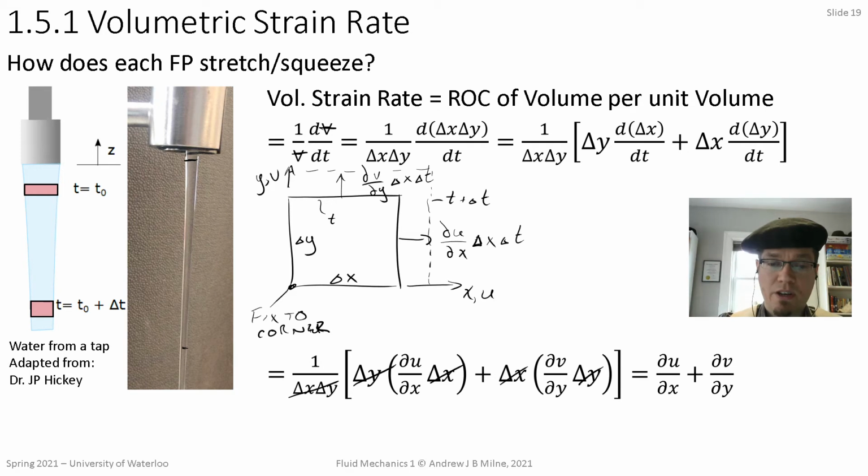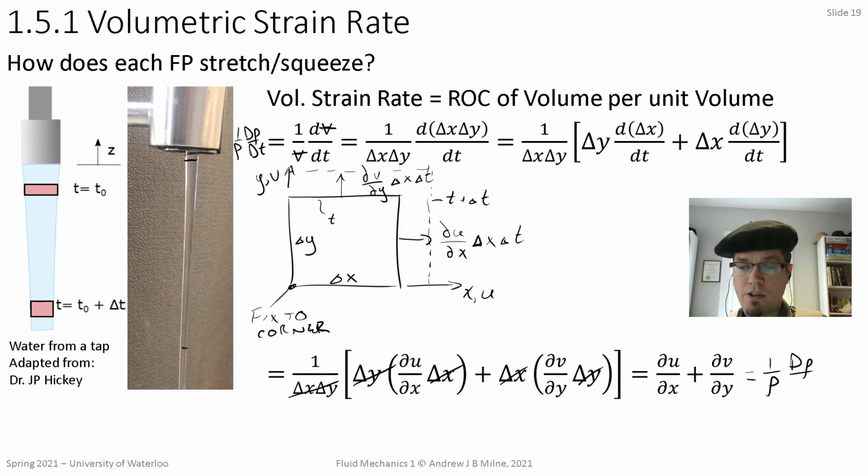So it's 1 over density times the material derivative of density, just like we had the material derivative of velocity before. And so what we're saying is that for this simple 2D case, 1 over density times the rate of change of density with respect to time is ∂u/∂x plus ∂v/∂y.